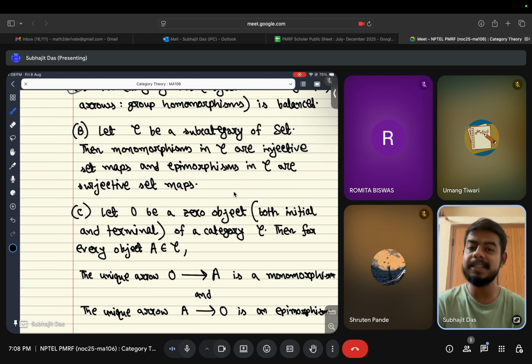So my claim is that if you take a monomorphism in the subcategory C of Set, it might not be a monomorphism in Set. That is, it might not be an injective map. And similarly, if you take epimorphisms in the subcategory C of Set, it might not be a surjective set map. So can you give an example of such a subcategory and such a monomorphism which is not an injective set map?